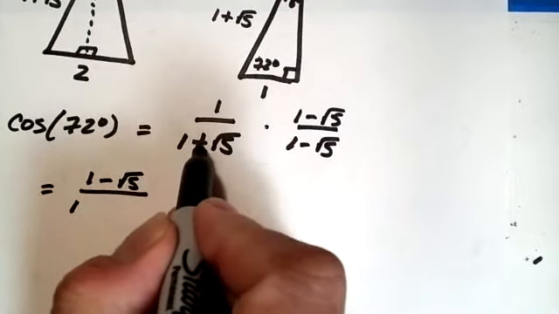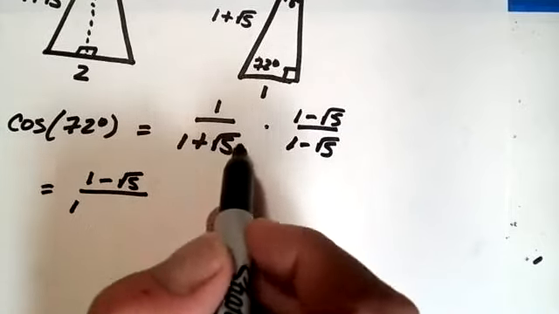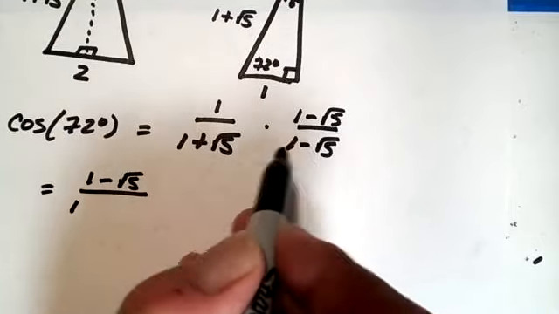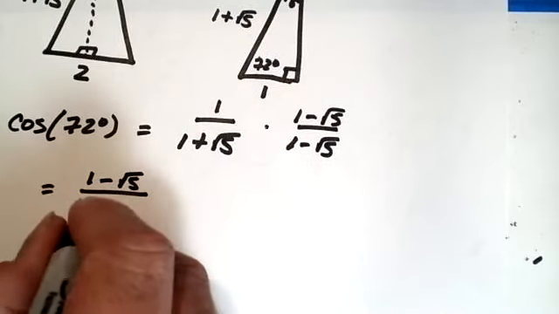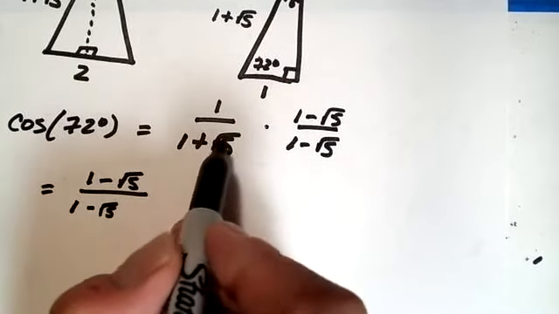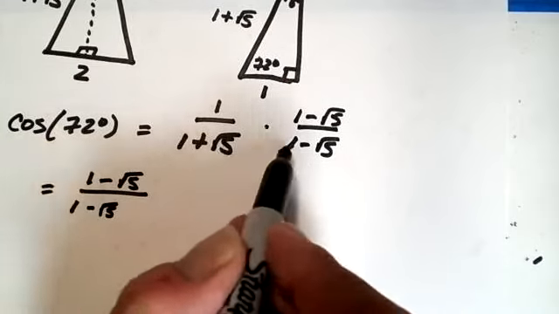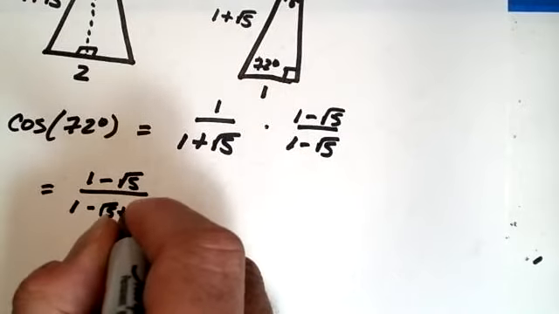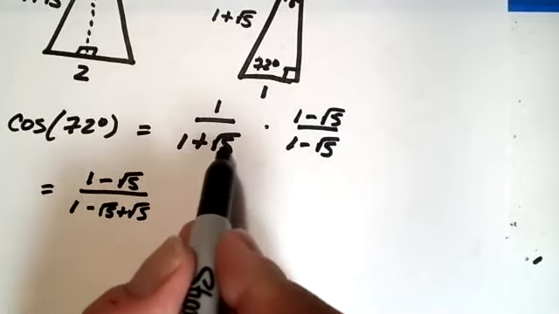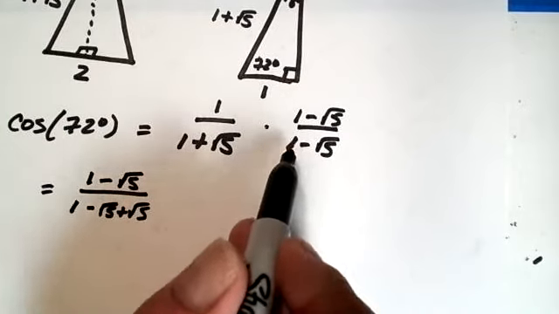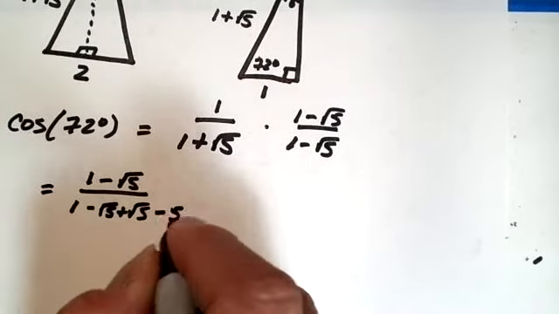That's the first term, since we're using FOIL. The outside is going to be a minus square root of 5. The inside is going to be positive square root of 5. And the last terms are going to be negative square root of 5 squared, which is just negative 5.